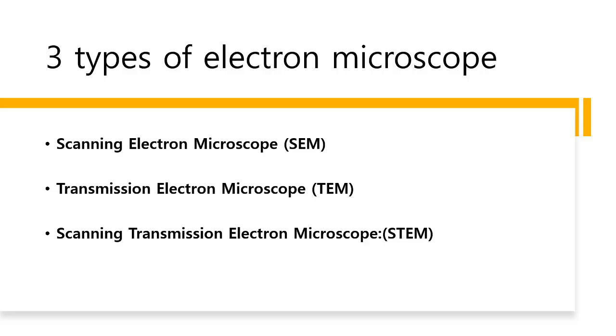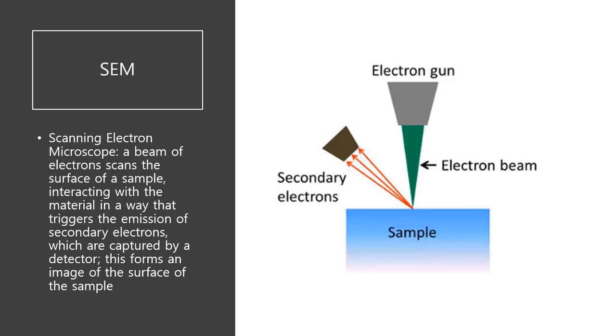Now, there are 3 types of electron microscope: the scanning electron microscope, the SEM, the transmission electron microscope, the TEM, and the scanning transmission electron microscope, the STEM. In a scanning electron microscope, or SEM, a beam of electrons scans the surface of a sample. You can see this in the figure.